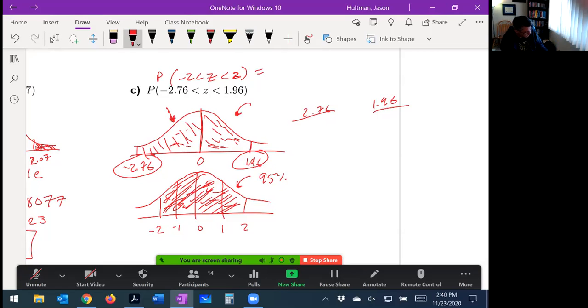You go ahead and look that up. I've been doing too much of your work for you. You guys need to actively start swimming around in this stuff. I'm going to push you in the pool now. So what is the table value for 2.76?